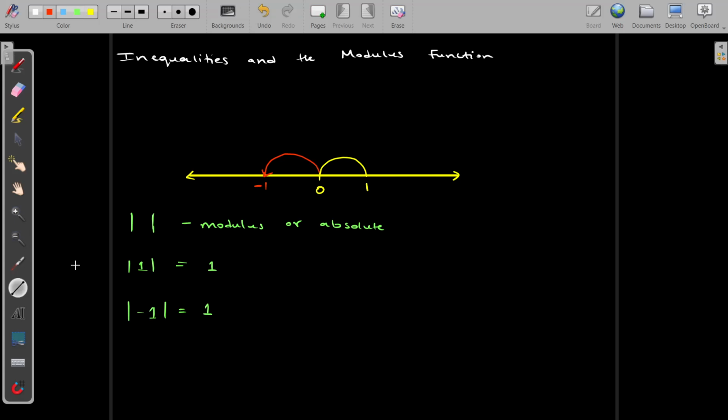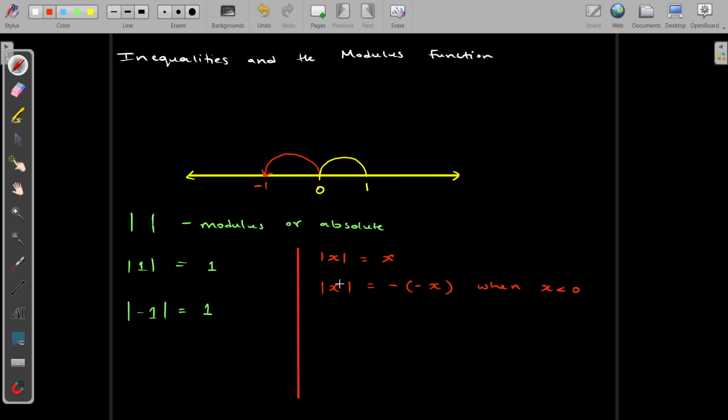Now, as it relates to variables, if we take the modulus of x, this will result in x. Modulus of x is simply the negative of negative x, that is when x is a negative number.